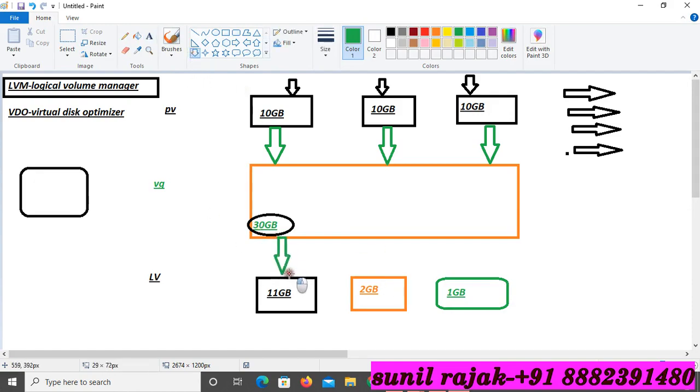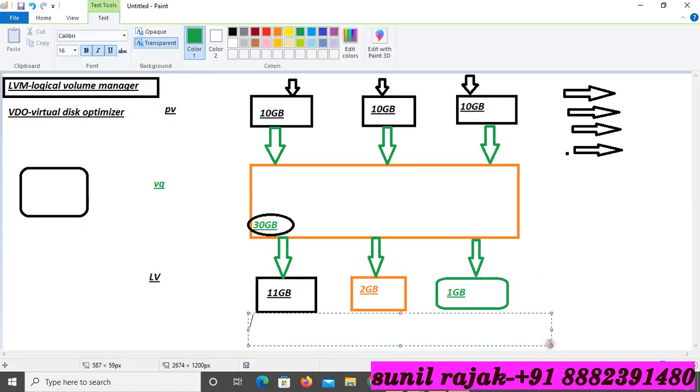So here you apply 11 GB for the IT department, 2 GB for the HR department, and 1 GB for the finance department. I'm going to write department here so you can understand easily, friends. Suppose this is the IT department, and similarly the second is the HR department, and the third one is finance.